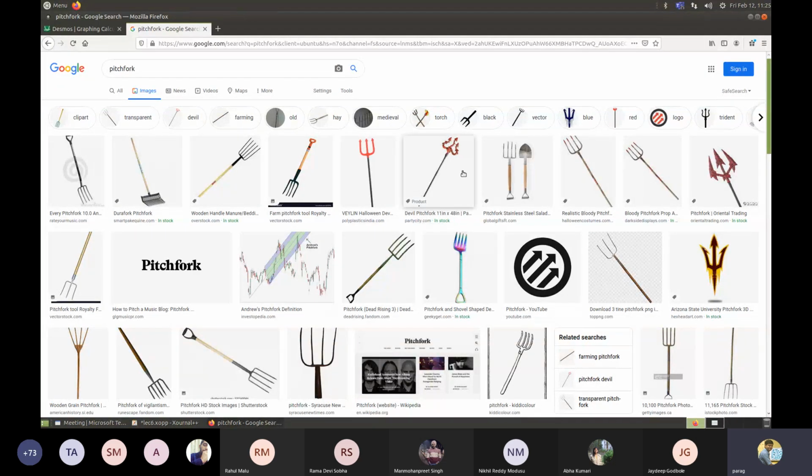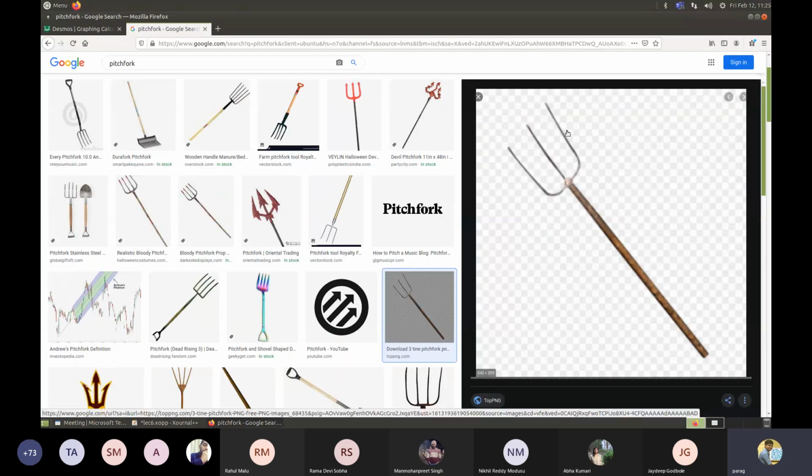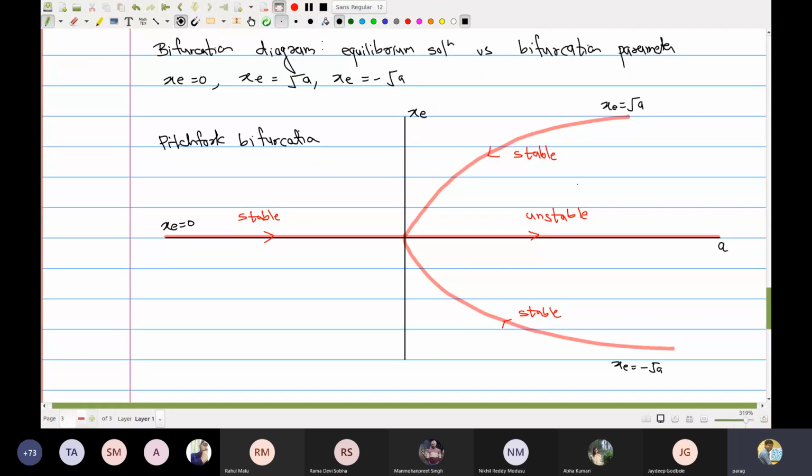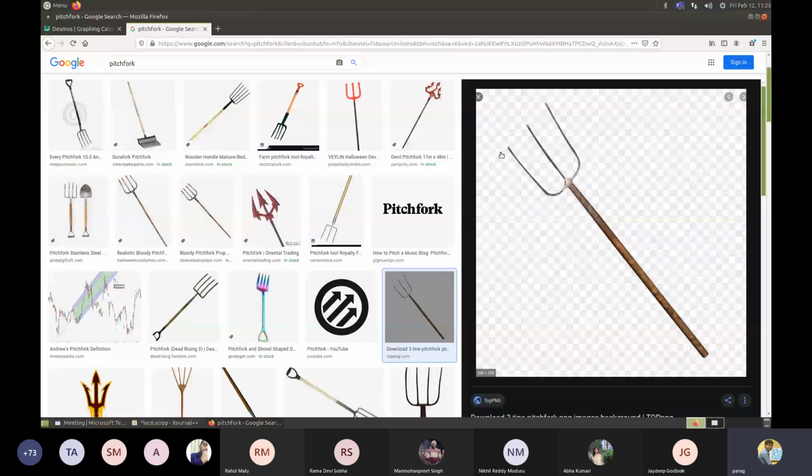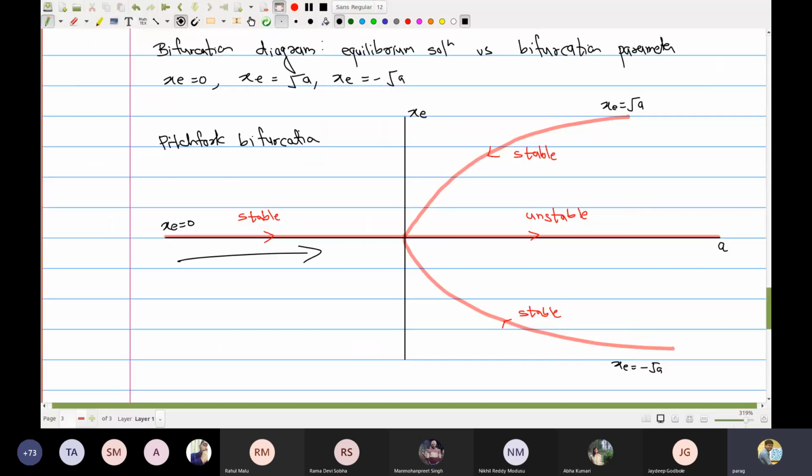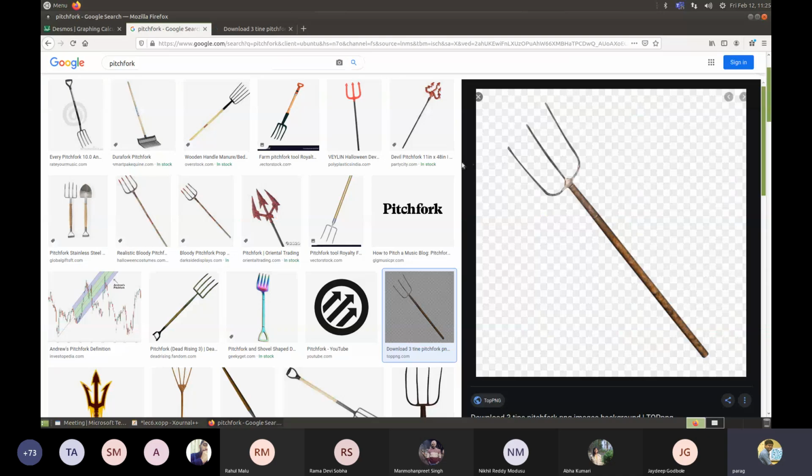This is how mathematicians imagine it: you have one arm here, and then three arms here. So one and then three. That's why it's called a pitchfork bifurcation.